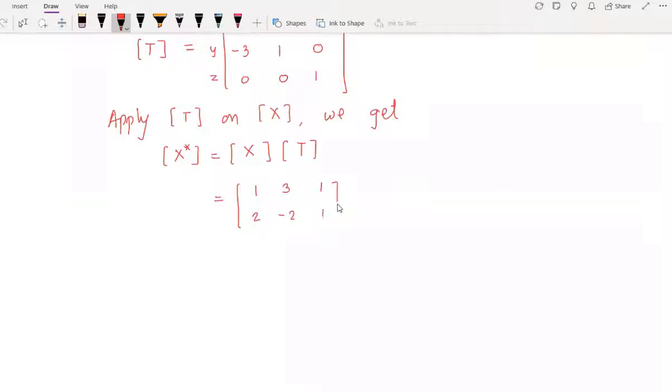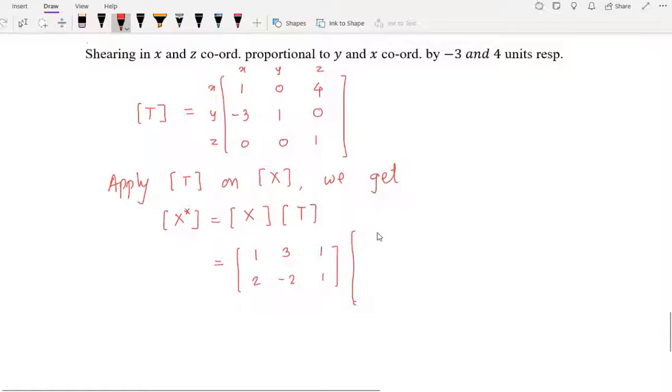This is our position matrix X. And then the transformation matrix T is [1, 0, 4; -3, 1, 0; 0, 0, 1], with the third row being 0, 0, 1. So this is our 3 by 3 matrix.